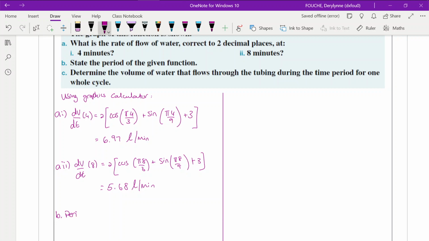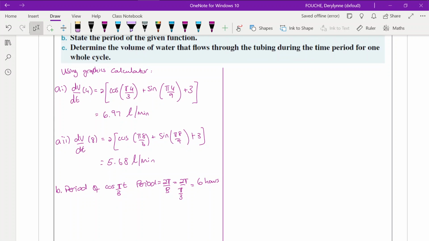If we have the period of our cos pi on 3 t, remember that period is 2 pi on b, and in this case my b is pi on 3, so it's going to be 2 pi on pi on 3, and that gives me 6 hours. So my period for my cos pi on 3 is 6. Okay, and then when I look at my period of my sine pi t on 9, again my period is 2 pi on b, and that means it's 2 pi on pi on 9, and that's 18 hours.